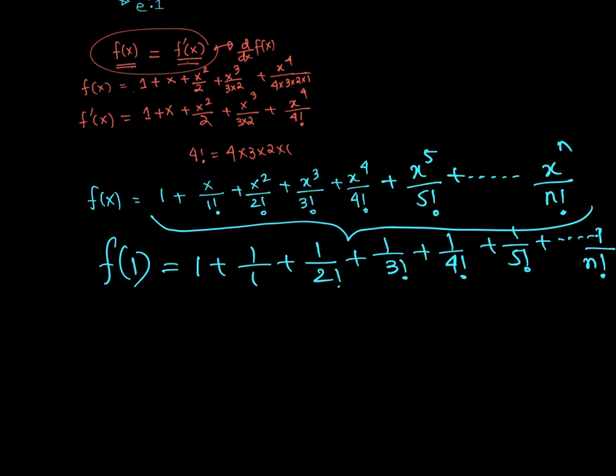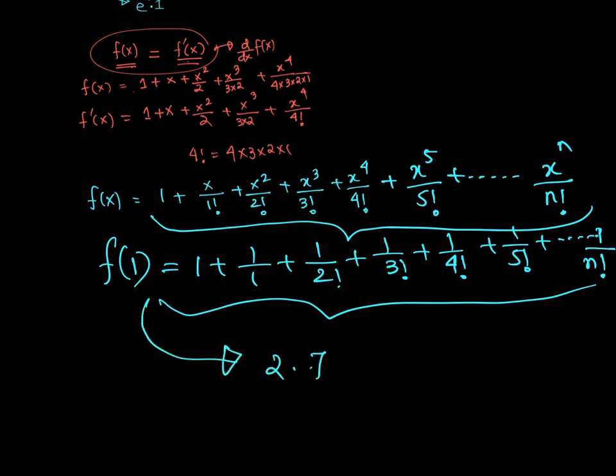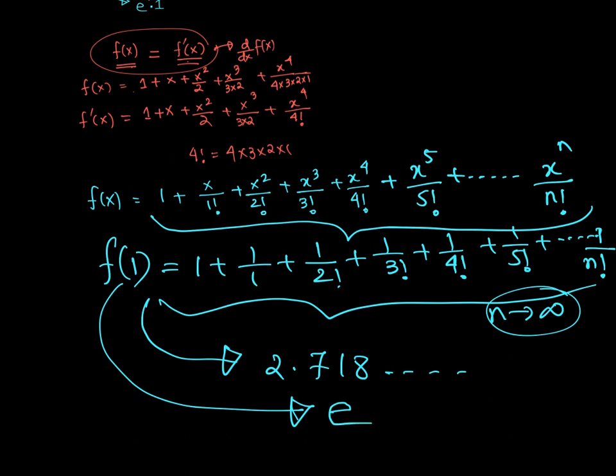So if you try to calculate this for a significant number of terms, you would realize that this expression is also approaching towards 2.718 and the number that we have just discussed about, e. So if I say that n approaches infinity, then this whole expression can be said to be equivalent to the number e.